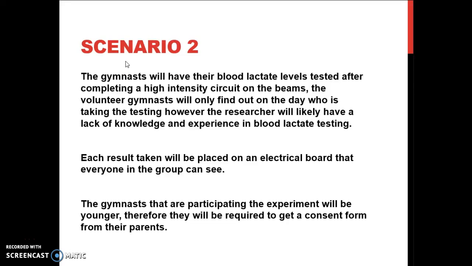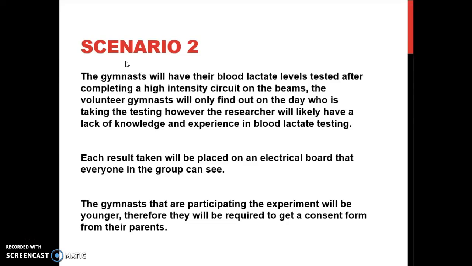However, the researcher is said to have lacked knowledge and experience. This could cause great physical harm, as they could be testing wrong. They could put the individual at risk physically, as they could potentially take blood lactate samples from the wrong place or from the wrong type of test.